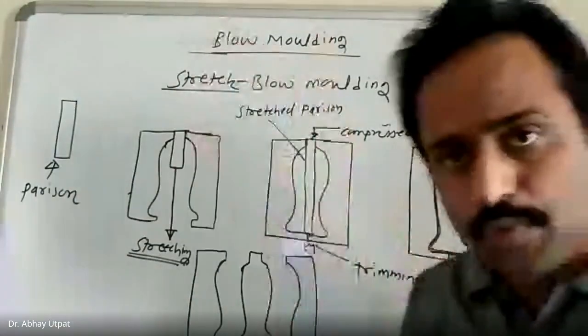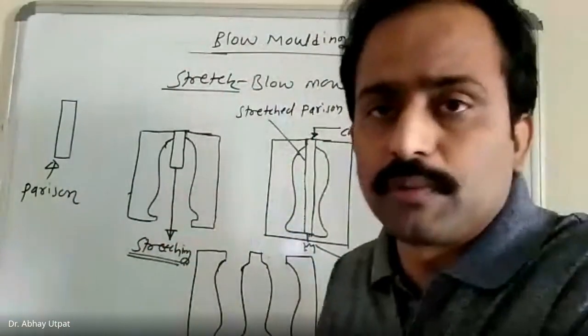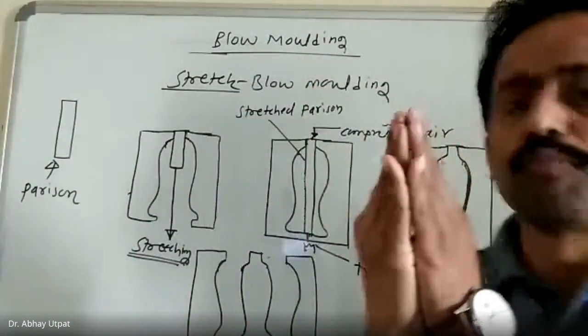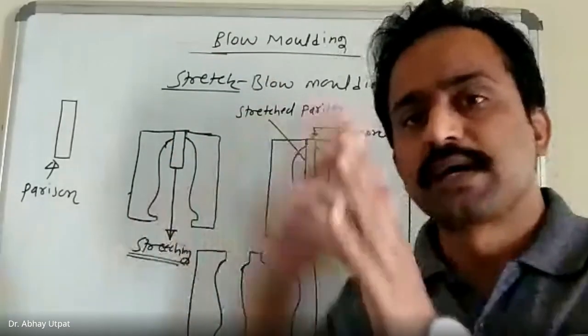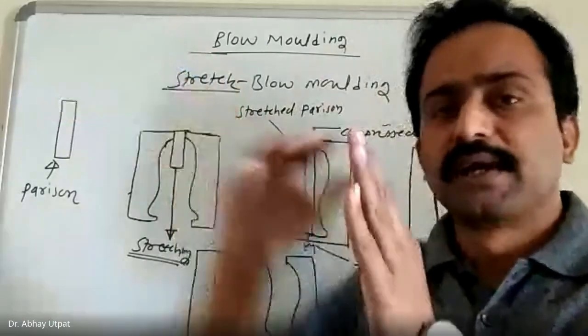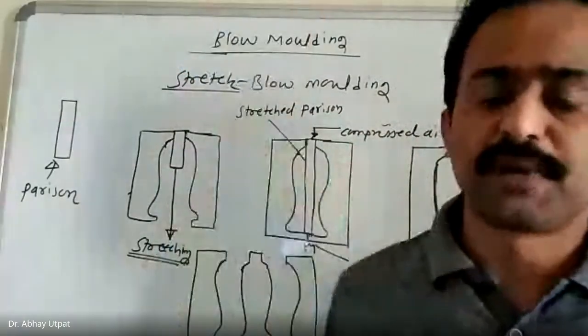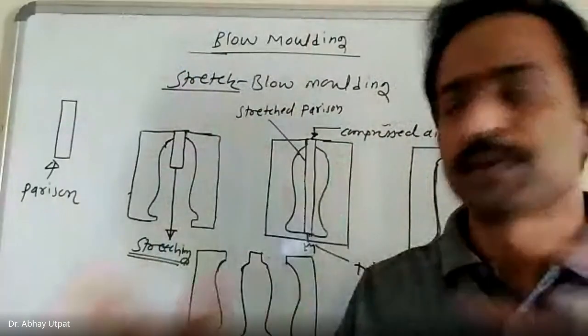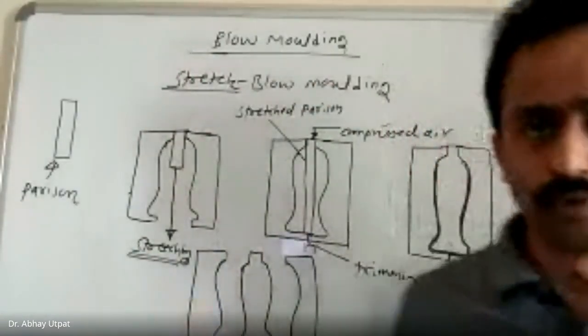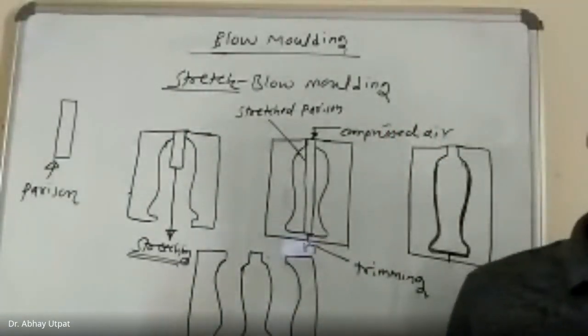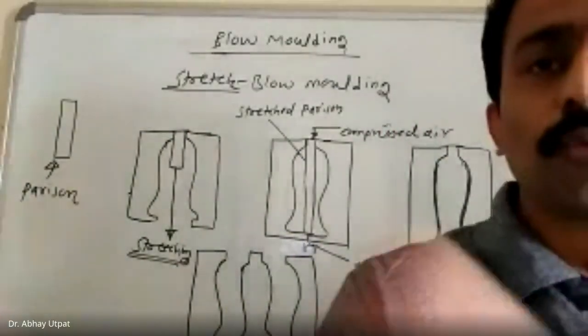It will come out through the extruder and enter into the die of blow molding. Once it reaches the bottom line, it is closed. It will be trimmed from the outside, and then compressed air is passed and swelling will be carried out. In this way, the product is obtained through extrusion and blow. That's why the name of the process is extrusion blow molding.